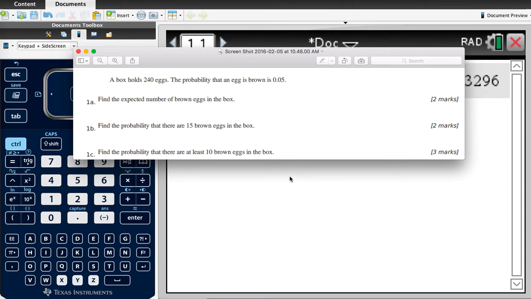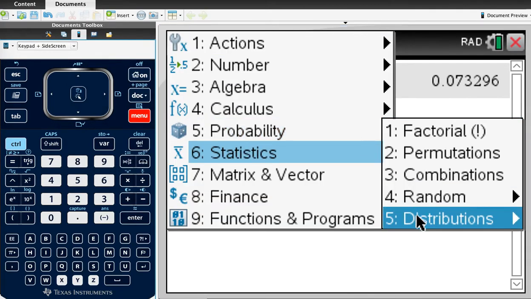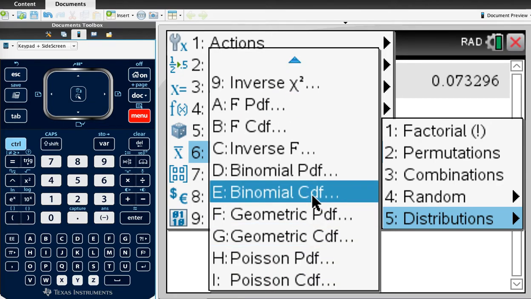If we go back onto here, we'll go menu, probability, distributions, but this time round we're wanting to work out several probabilities added together. We want to know 10 or more, so we basically want to be adding together the probability that x is equal to 10, added to 11, added to 12, 13, 14, all the way up to 240. So lots of probabilities to add together there.